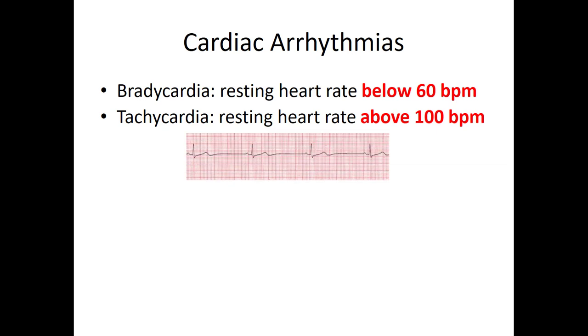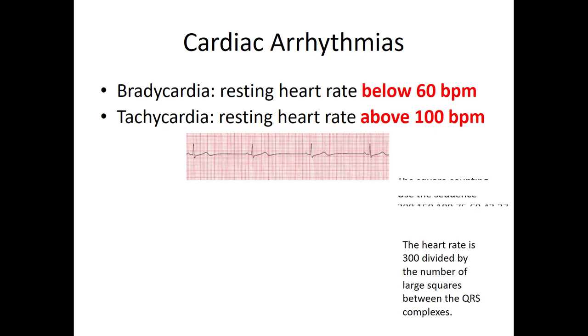This is EKG. Using EKG and the QRS complex, we can figure out somebody's heart rate. The heart rate is 300 divided by the number of large squares between the QRS complexes. So right now it's 2 QRS, with one box.